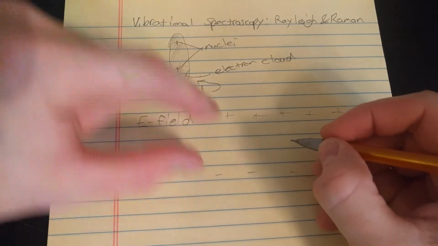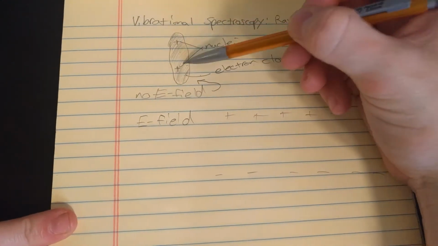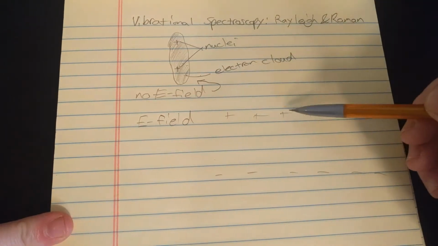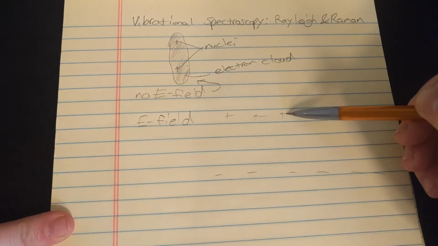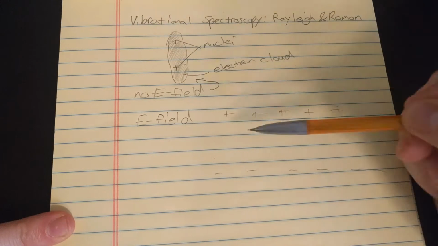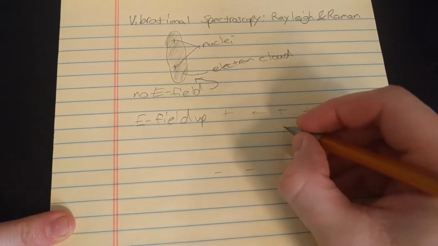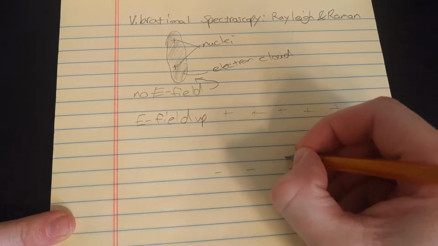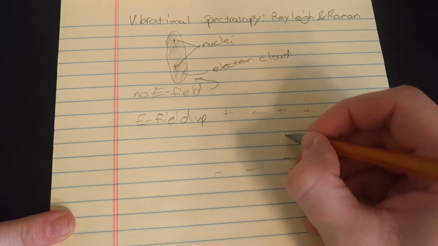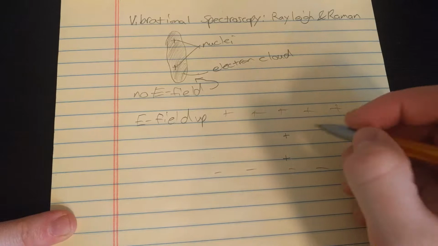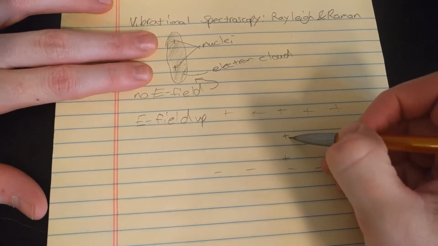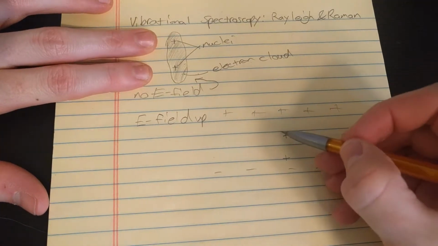So if you put this inside here, well, the electron cloud is going to want to go towards the plus charges, and the nuclei are going to want to go towards the minus charges. Electric field up. So we can draw the positive charges down here. They remain the same distance away as in the no electric field case.